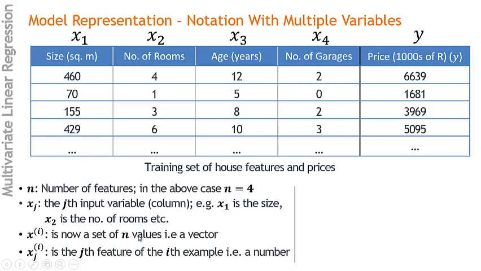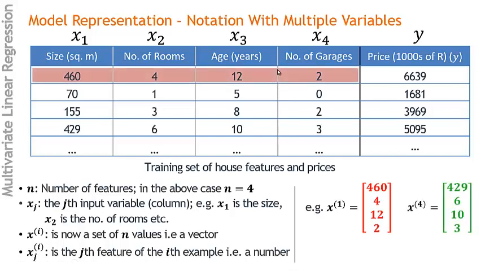So we have a notation that can accommodate more than one characteristic composing a feature. Here, x^(1), we're representing this as a column vector. This vector indicates the 4 values that are in the first row. x^(4) similarly is the 4 values in the 4th row here.